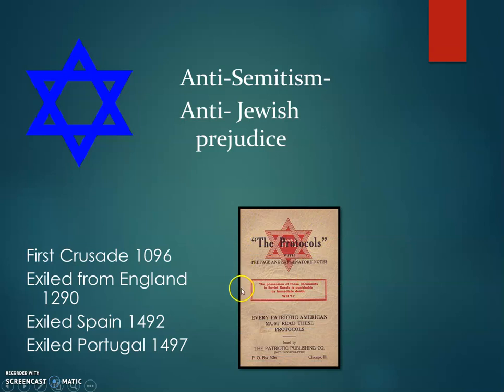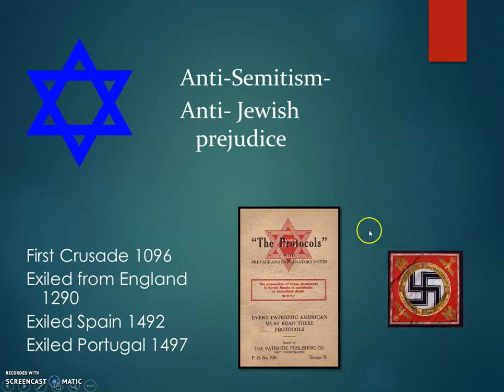There is this book that stated that Jewish people were trying to take over the world. This book proved to be just false, not based in reality, but a lot of people use this book to be anti-Semitic. And of course, we all know about the Nazi Party from World War II. Anti-Semitism, the oldest form of discrimination and prejudice.